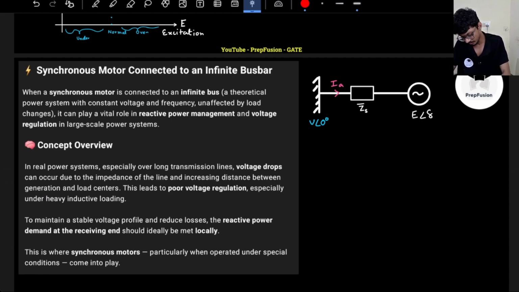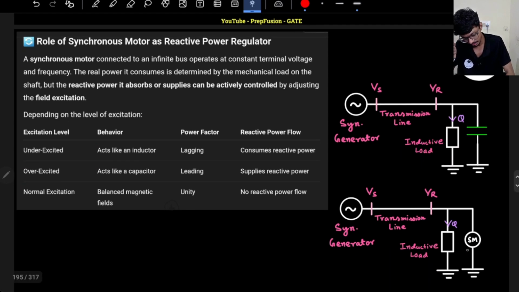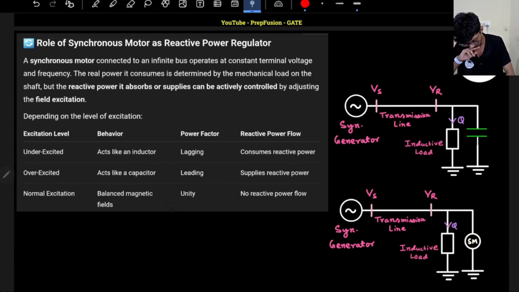Whatever we had discussed, the same thing is written over here. An under excited motor will act as an inductor because it does not have enough flux in it, so I have to provide the flux. If it is over excited, then the synchronous motor will deliver the flux. It will not behave as an inductive load.